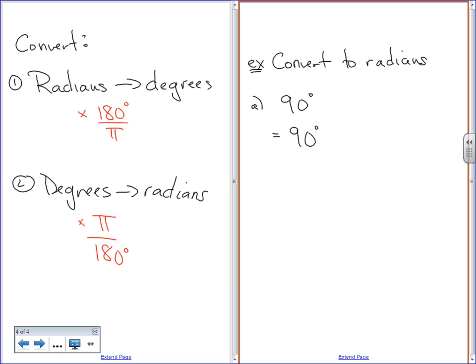So I want to end up with radians, so I'm going to multiply by pi over 180, because you want the degrees to cancel out. So now I get 90 degrees times pi over 180 degrees. Again, the units cross out, leaving me with 90 over 180. 90 goes into 90 once, goes into 180 twice. So pi over 2 radians is the exact same thing as 90 degrees.